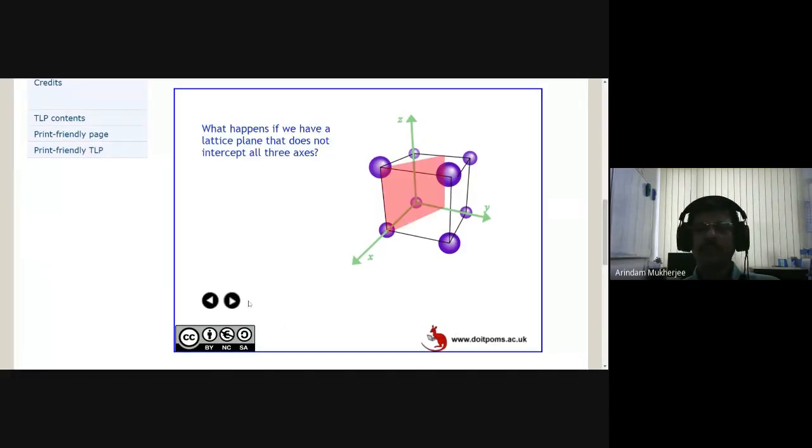Let's see what a zero index is. So you can have a lattice plane. What happens if we have a lattice plane that does not intercept all three axes? It can happen all the time. You do not have an intercept on all three axes. So with respect to some axis, this plane is actually parallel. What do we see here? This purple plane is parallel with respect to which axis?